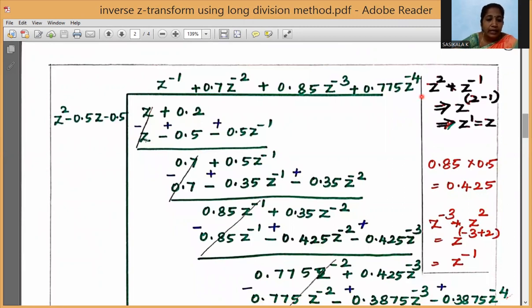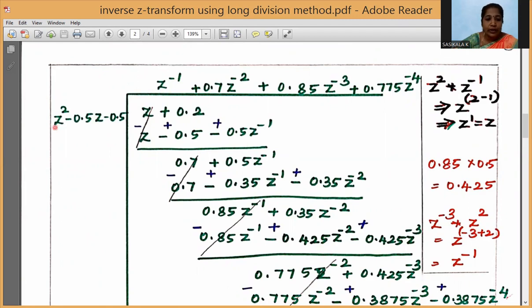So here we need Z. The first term should be Z, and this Z should get cancelled with this Z. So here our first term is Z square. Since we need Z, in the quotient we should have Z power minus 1.